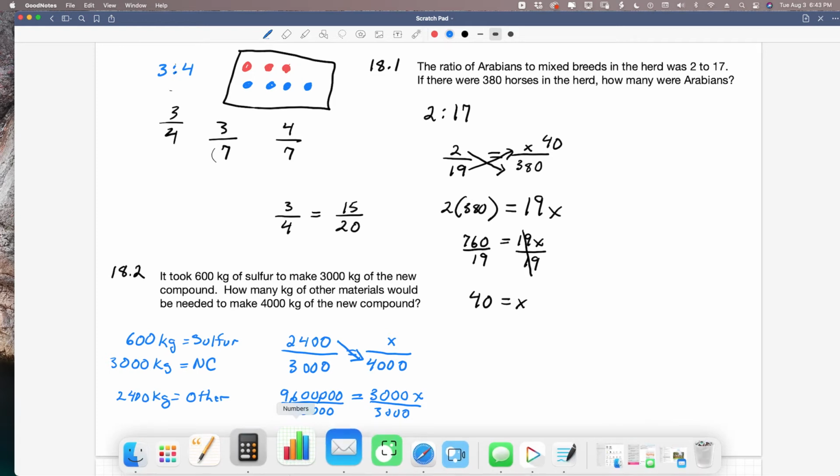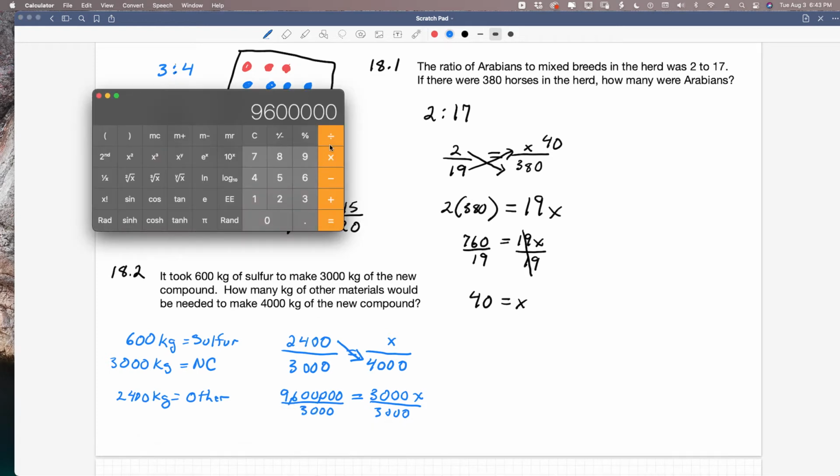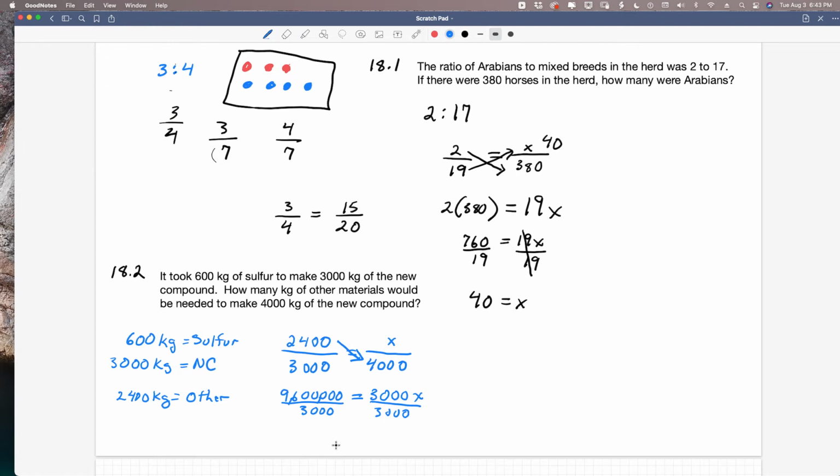So we'll pull our calculator back up, and we'll just divide this number by 3,000, and that's going to equal 3,200. So 3,200 is the total kilograms of other materials that are needed to make 4,000 kilograms of the new compound.